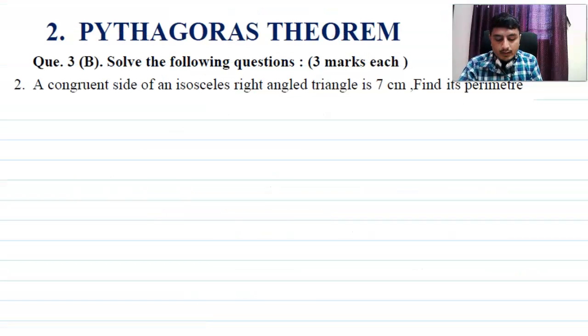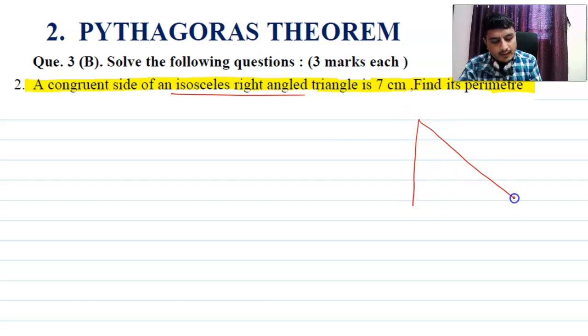Look at now the second question from question 3b. The congruent sides of an isosceles right angle triangle are 7 cm. Find its perimeter. Now what is meant by an isosceles right angle triangle? First of all, we are given a right angle triangle.